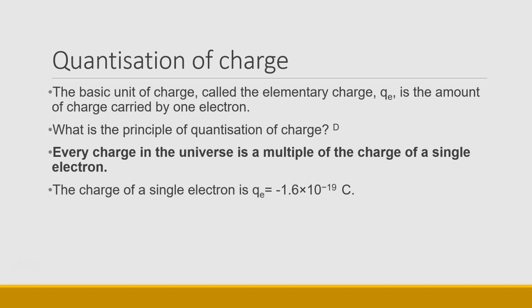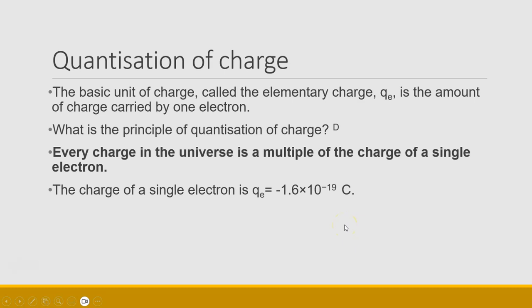Now, if I put one extra electron on that sphere, what will be the charge on that sphere? Well, it will have this value over here. And if I add another electron to that sphere, what will be the charge on that sphere? Well, it will be double this value.